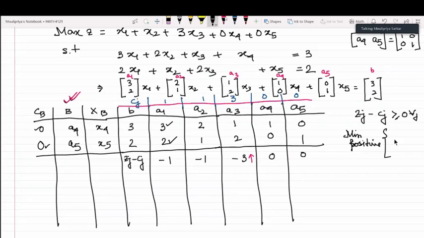The minimum positive among 3 by 1 and 2 by 2, right?